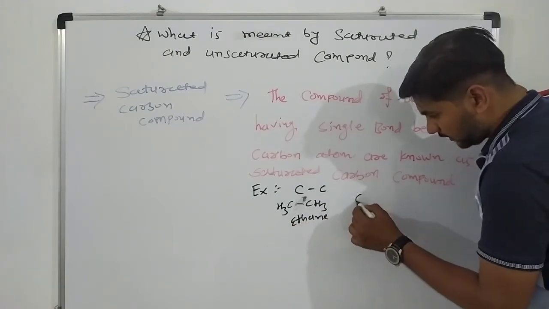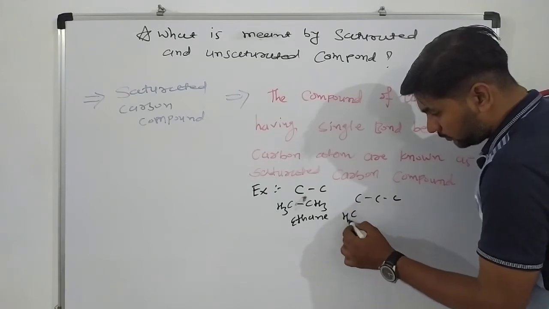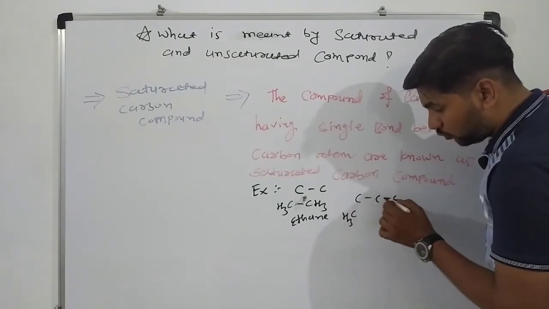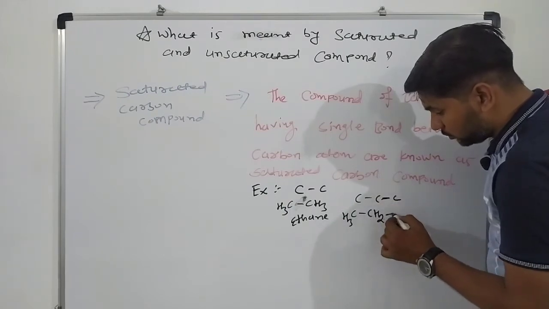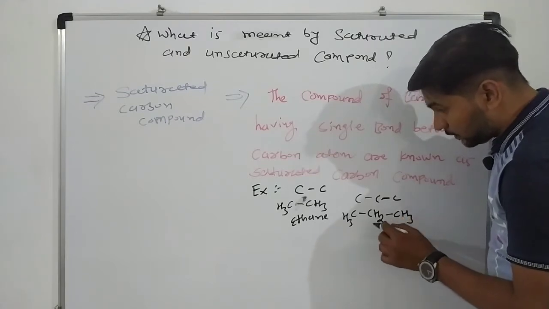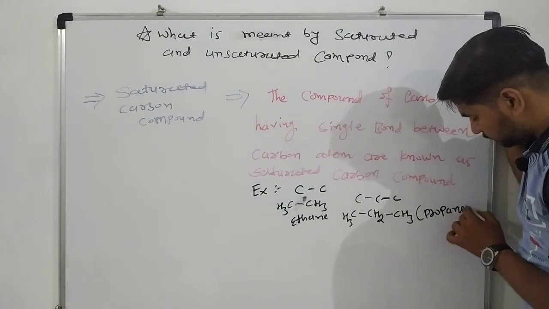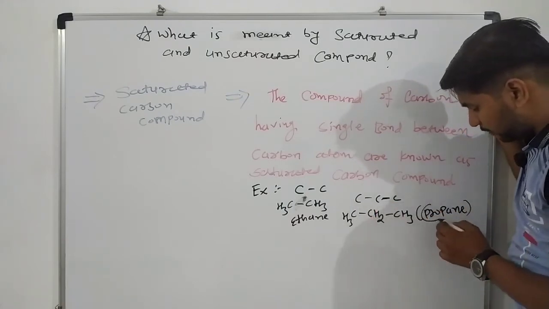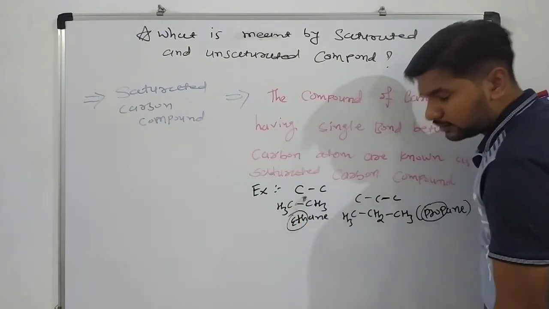This carbon has CH3; this carbon has 2 bonds, 2 valencies, CH2; this carbon has a single valency, 3 valencies are remaining. So here is propane. Because of 3 carbons we write prop plus ane. Because of 2 carbons we write eth.